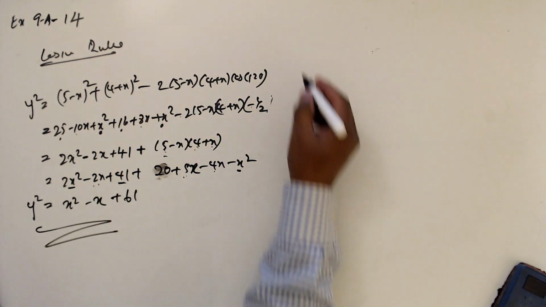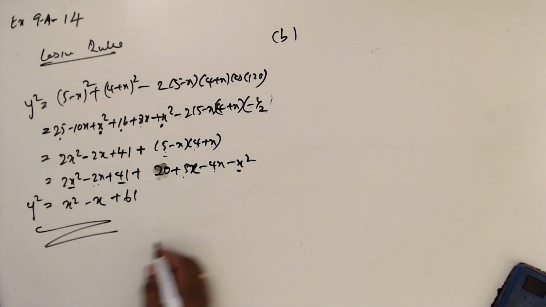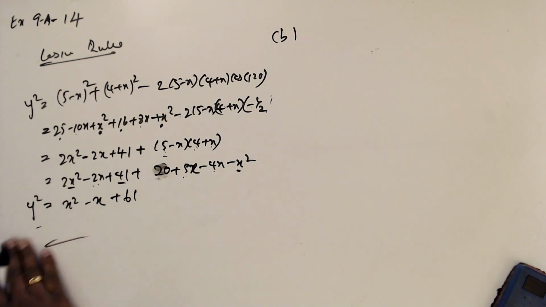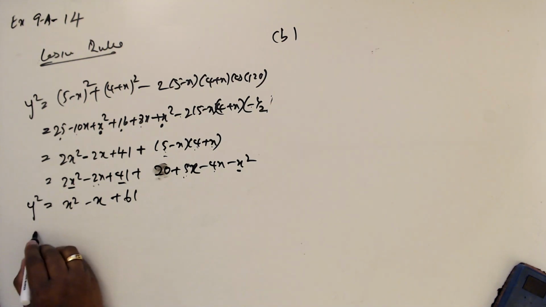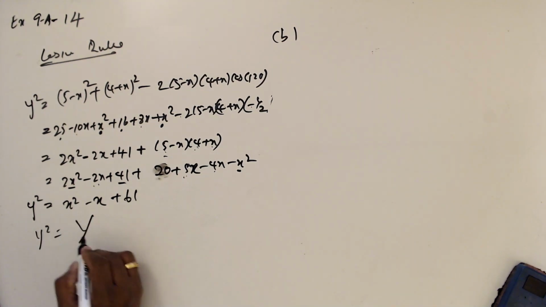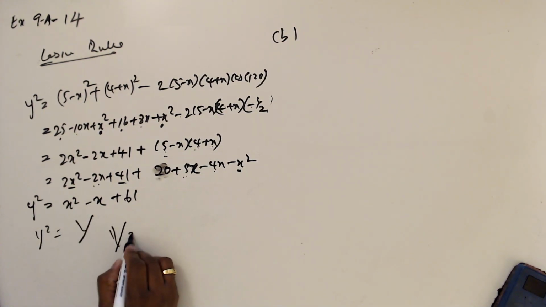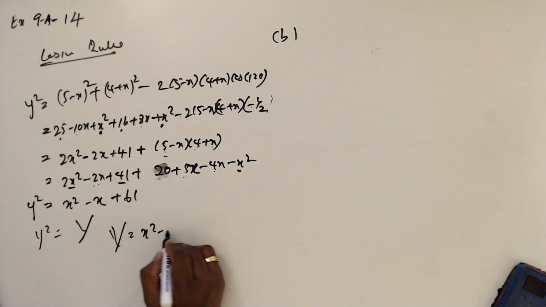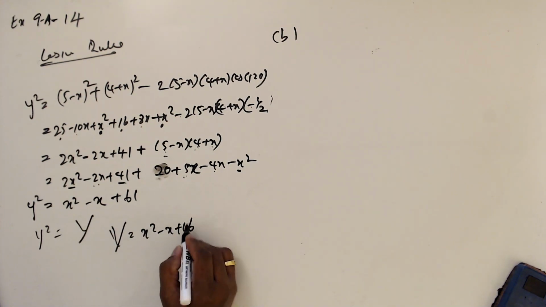Now part B, we want to do the completing the square. If I take y square equal capital Y, then capital Y equals x square minus x plus 61.